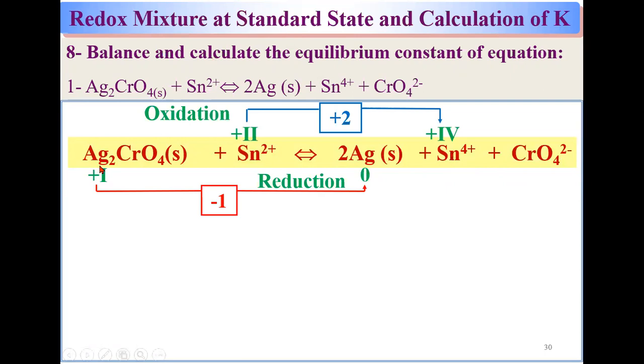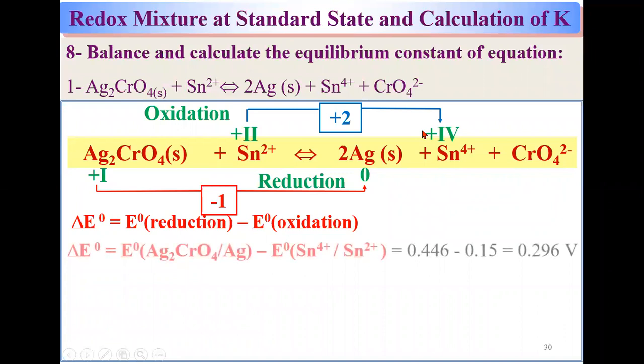Or you can go ahead and find the oxidation numbers and decide if you have reduction, where you have a gain of electrons from +1 to 0 for Ag, or a loss of electrons, for example, for the tin. I personally like to split the reactions up and then balance it and see where the electrons are going. But you could do it either way.